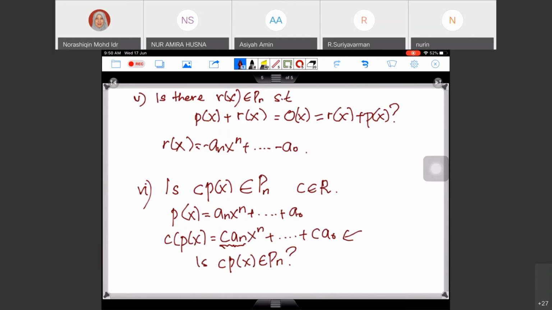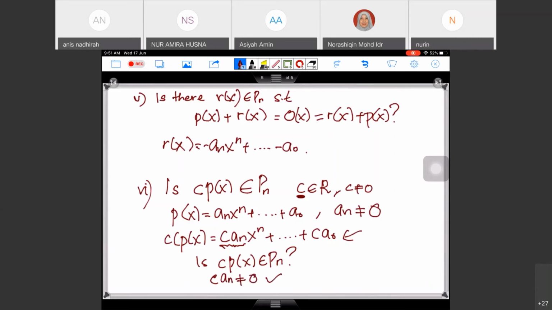Why? Because in order for P(x) to be in Pn, a_n is not equal to 0, right? So the scalar c is not equal to 0 also. So c a_n is not equal to 0.